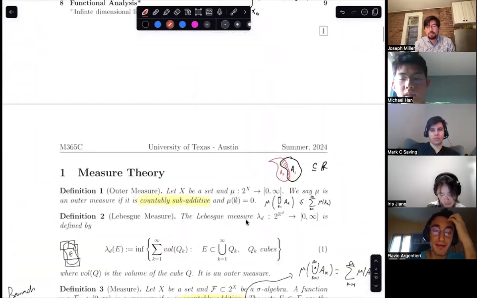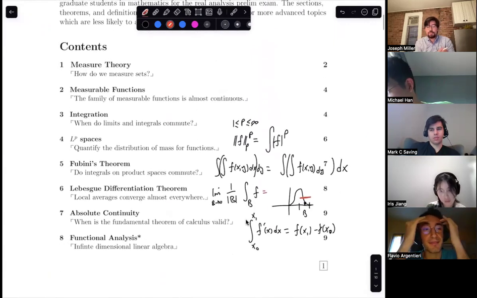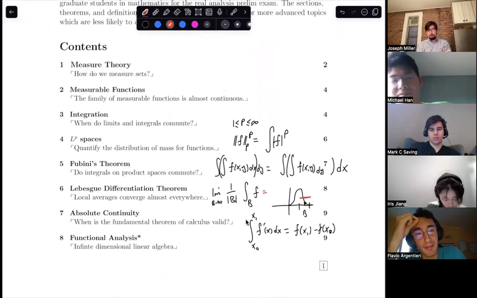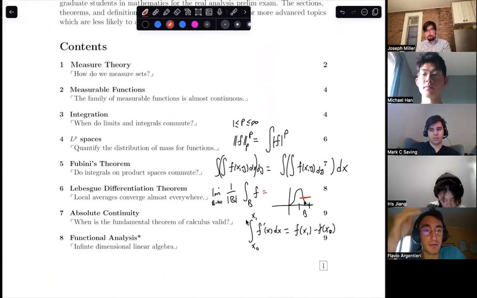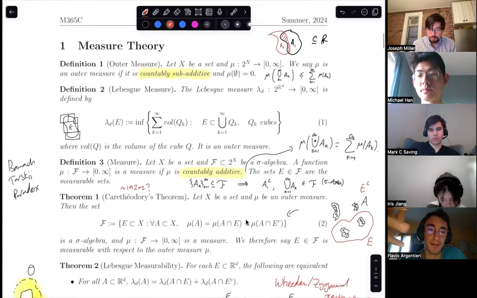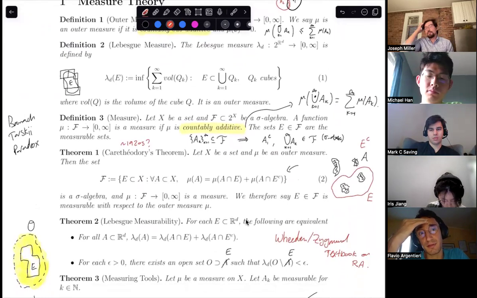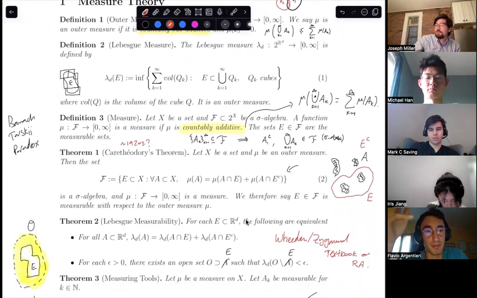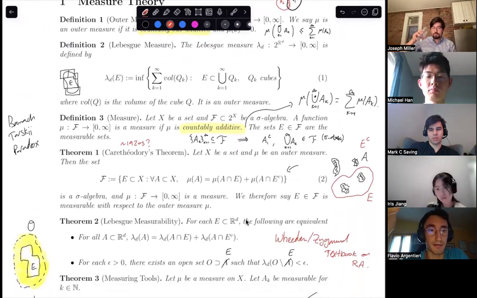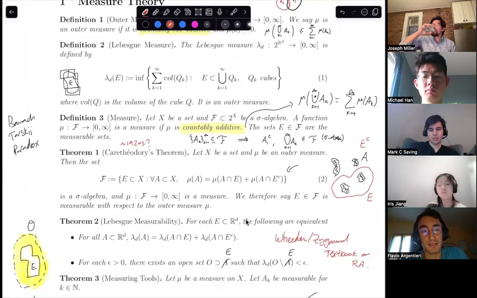I have one. Yes. So if I understand correctly, we start with an outer measure usually, and then we take the sigma algebra from Carathéodory's theorem as the natural sigma algebra related to that outer measure. And I was wondering if there is a natural topology, like on R, where we can also consider the Borel sigma algebra, the smallest sigma algebra generated by the open sets.